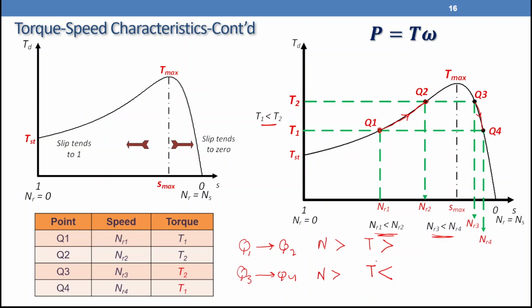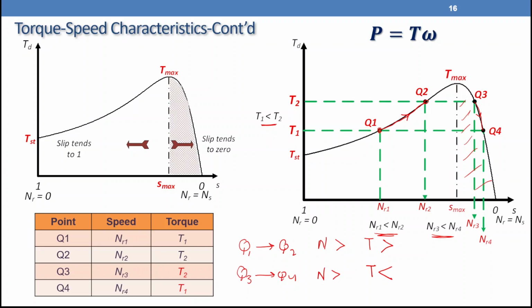So this means points 3 and 4 are stable, while 1 and 2 are not stable. If the motor is moving from 2 to 1, speed decreases and torque decreases. If the motor is going to move from 4 to 3, speed decreases but torque increases. So this region represents stability and this region represents unstable mode.